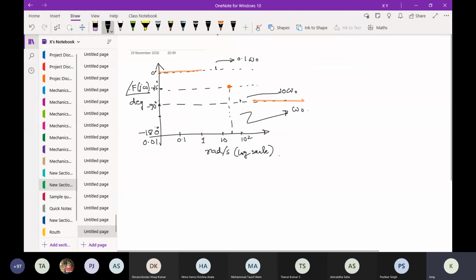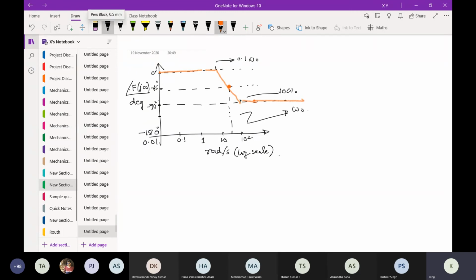So we extend up to this, and then because of the nature of the plot, these two lines will be equidistant from this point, and then we join them together to get the approximate plot.